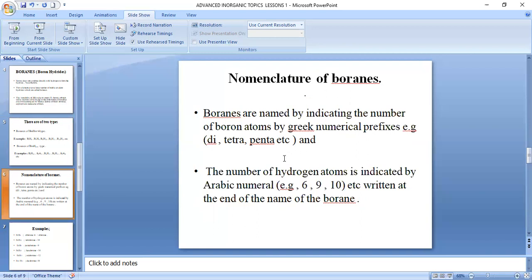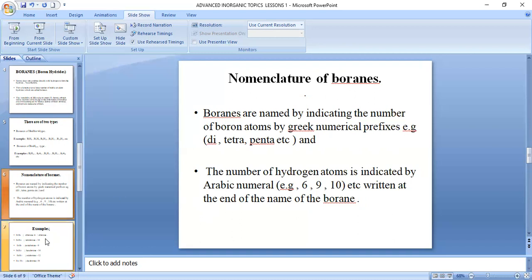We name them the way we used to name shapes in primary 5. And the number of hydrogen atoms is indicated by an Arabic numeral, such as 6, 9, 10, depending on the number of hydrogen atoms present in that borane. This is written at the end of the name of the borane.